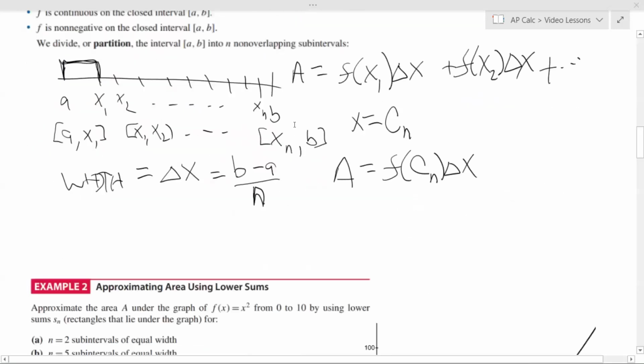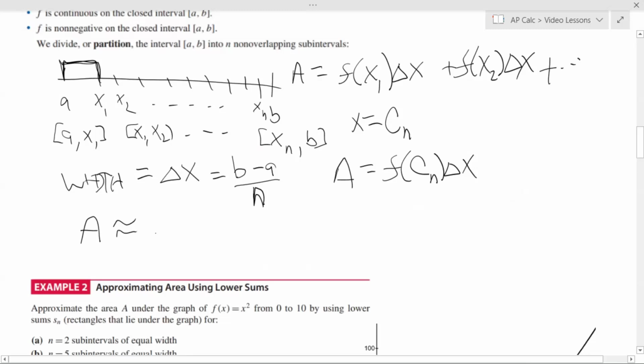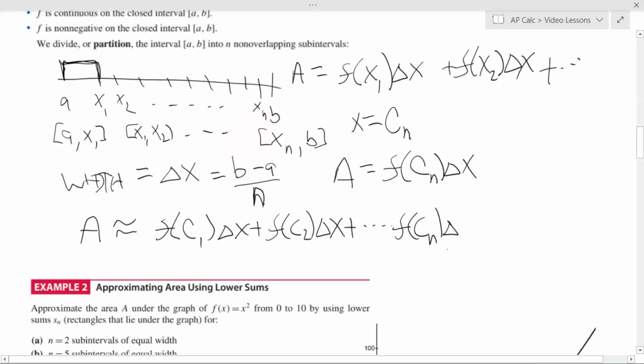So the area is approximately equal to f of C1 delta x plus f of C2 delta x plus dot dot dot f of Cn, however many rectangles you have, delta x. And we can actually write this in shorthand notation using the summation notation. So the sum from i equals 1 to n of f of Ci delta x.